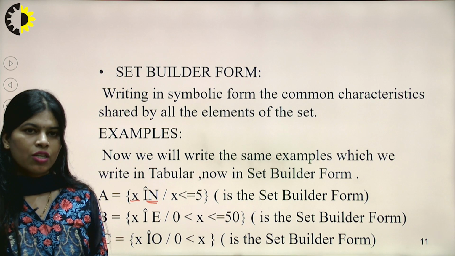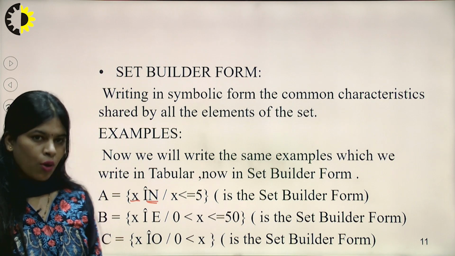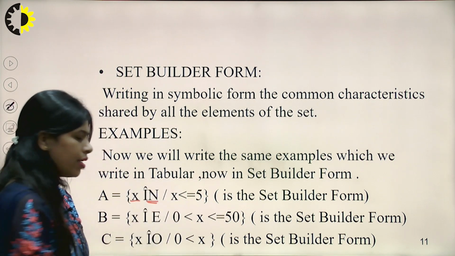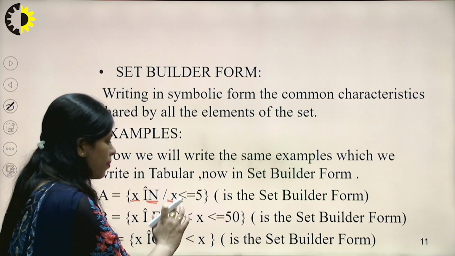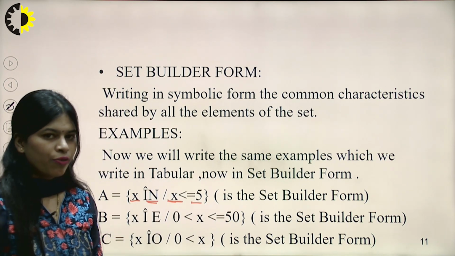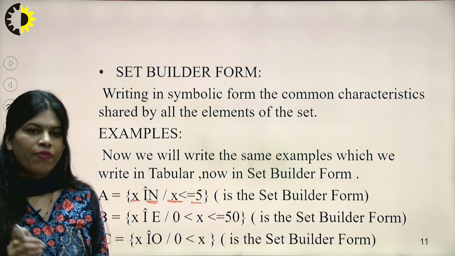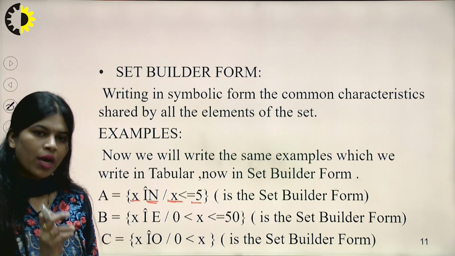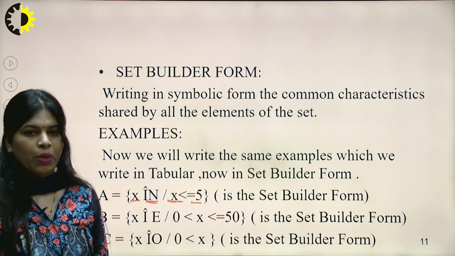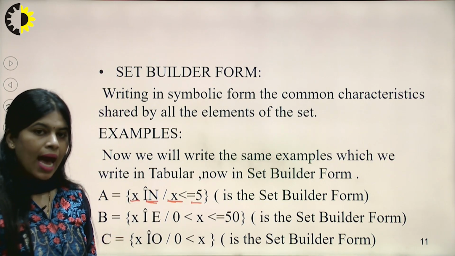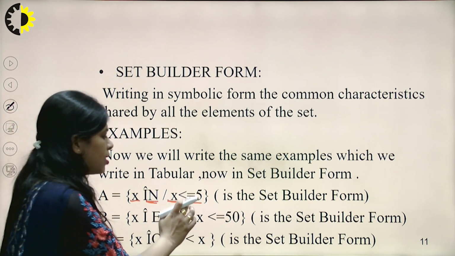There is a condition presented in the set builder form: x is a variable which consists of elements, and the elements should be less than or equal to 5. The elements start from 1 because it indicates natural numbers, and it may vary up to less than or equal to 5.